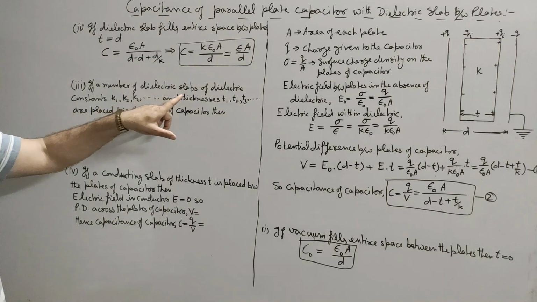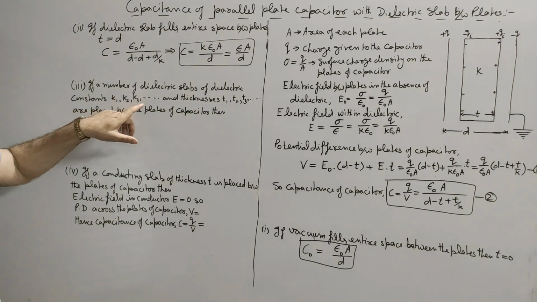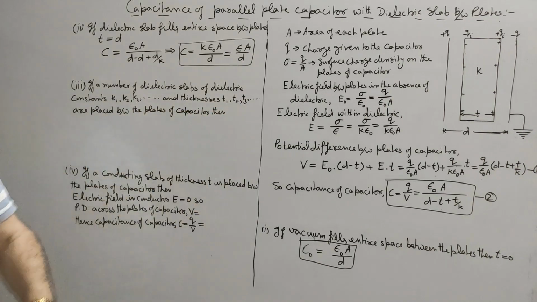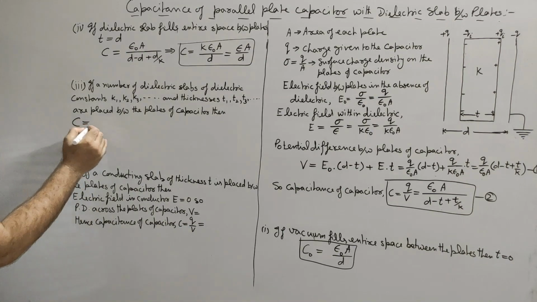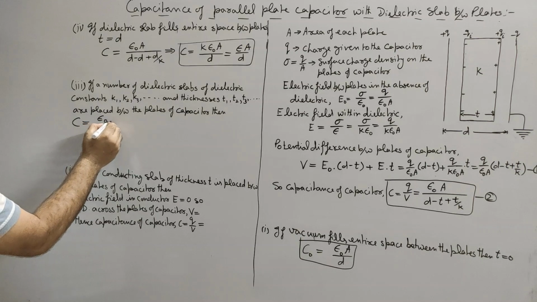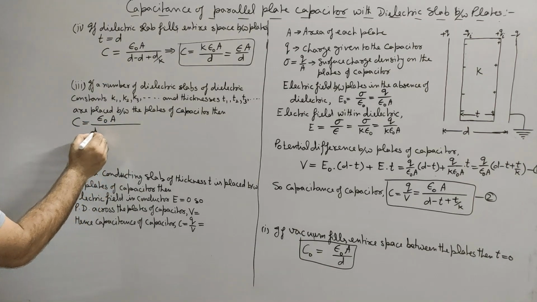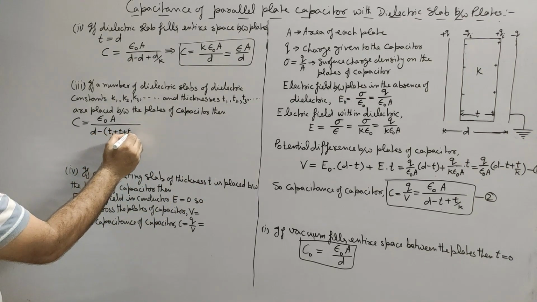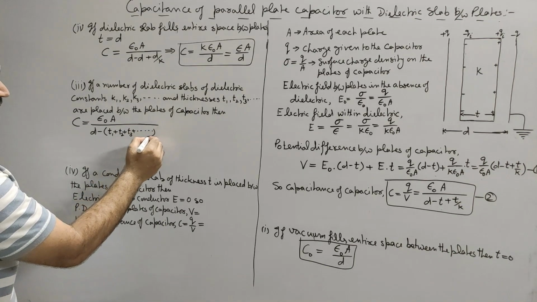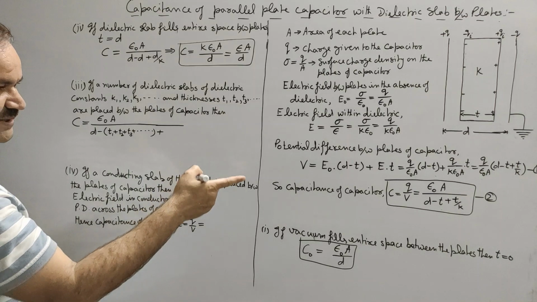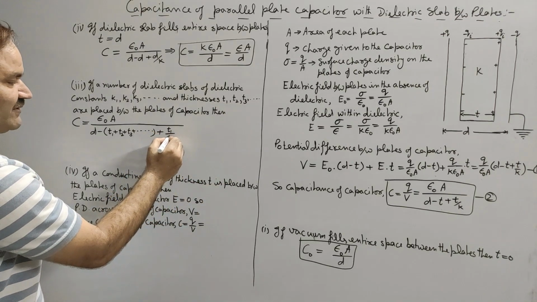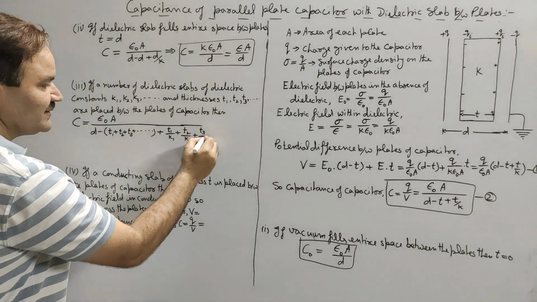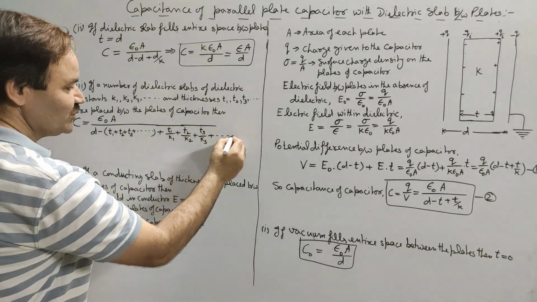Now if a number of dielectric slabs of dielectric constants K1, K2, K3 and thicknesses t1, t2, t3 are placed between the plates of the capacitor, then the capacitance C from that expression will be epsilon naught A upon d minus t, where t will be replaced by t1 plus t2 plus t3 and so on, plus t upon K, which will be replaced by t1 by K1 plus t2 by K2 plus t3 by K3 and so on.